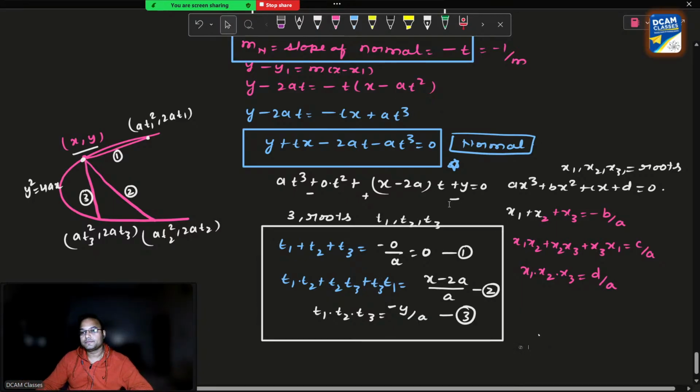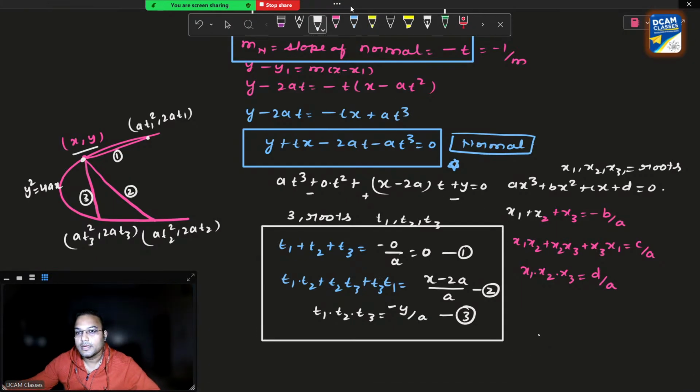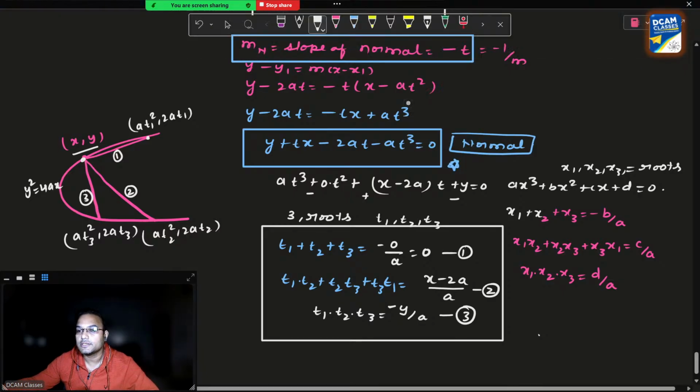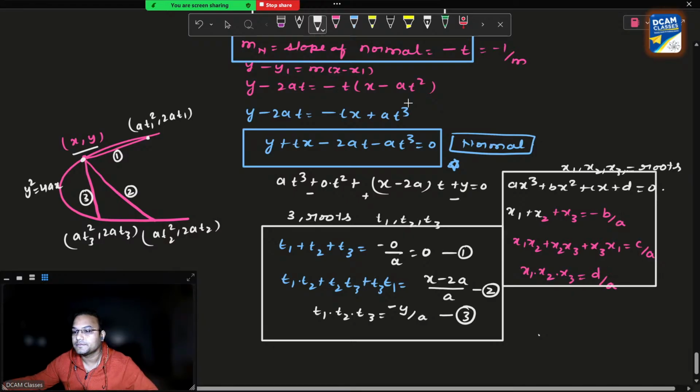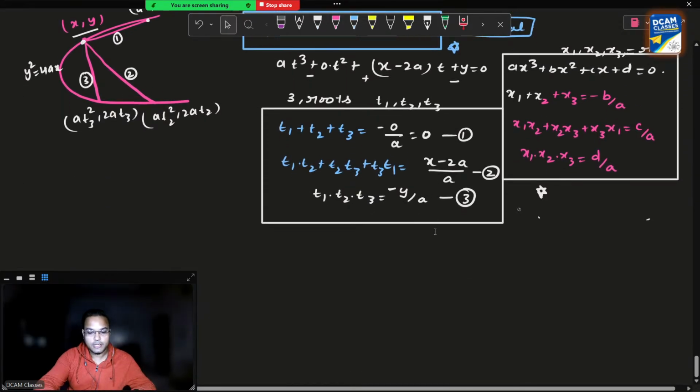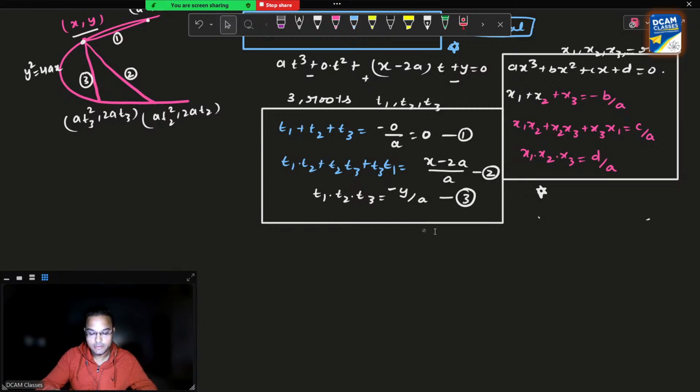Understood? Actually, this concept we discussed in quadratic equation, if you remember. Right. Okay, then I'll give you the question. Understood? Diva, Haripriya, Kanishka? Yes, sir. Okay, very good.